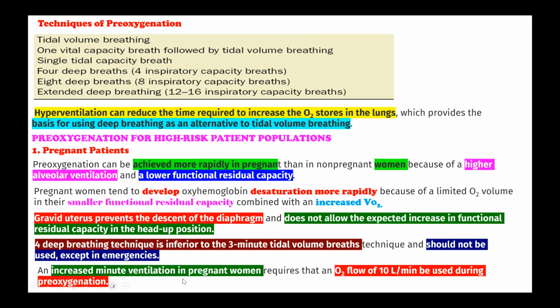Ventilation as well as oxygen consumption is higher in pregnant women, so it is always better to give a minimum 10 liters flow when you preoxygenate, whereas for other patients 5 to 6 liters may be enough.